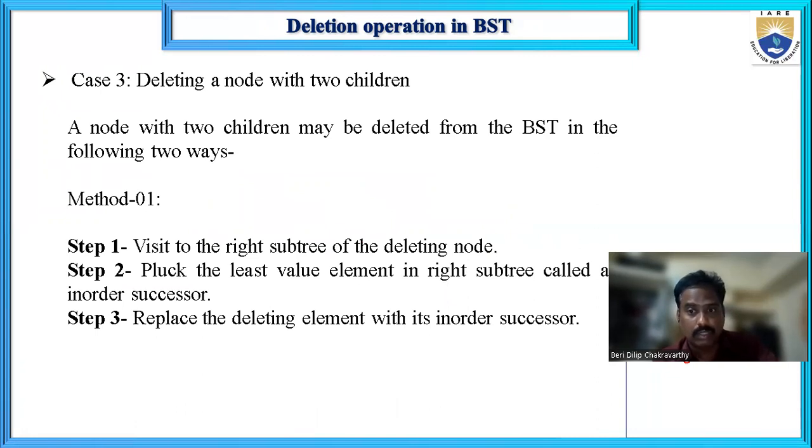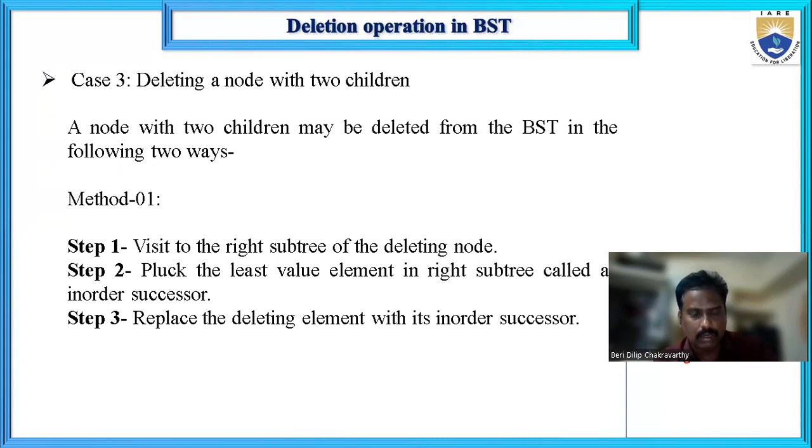And finally, a third case, deleting a node with two children. Suppose there are two children for the node being deleted, then I need to follow one of two methods. First, observe the steps: visit the right subtree of the node being deleted.